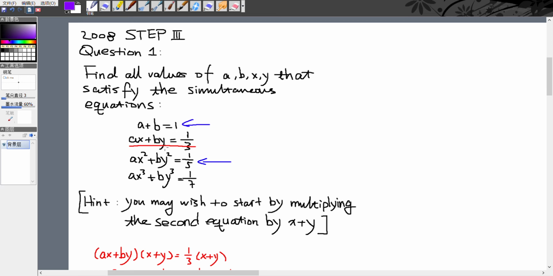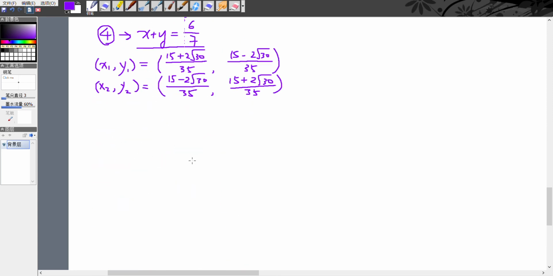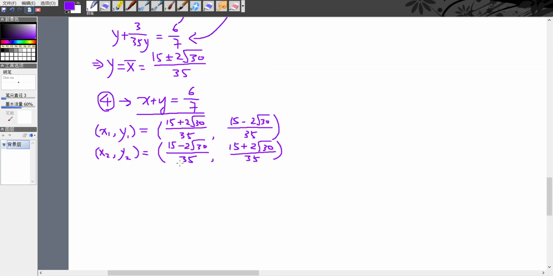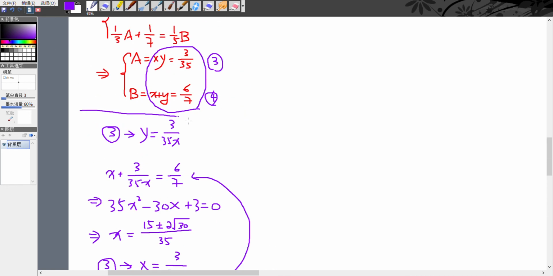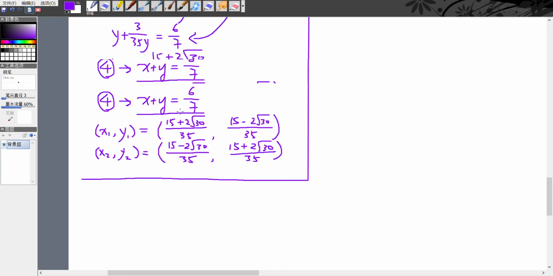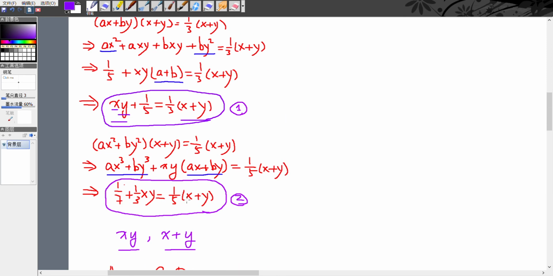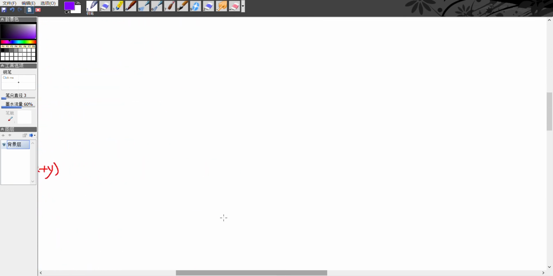Then we will get another nasty simultaneous equation, and we will have the result of this problem. So this is the result of x and y. So what we are going to do is just to substitute.